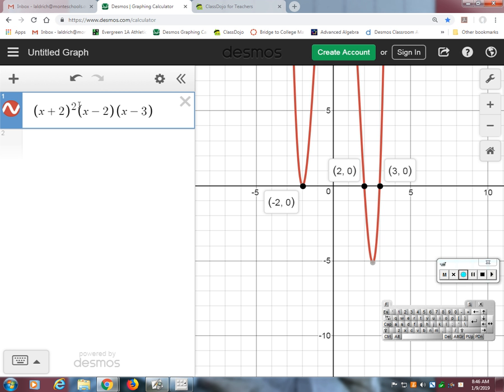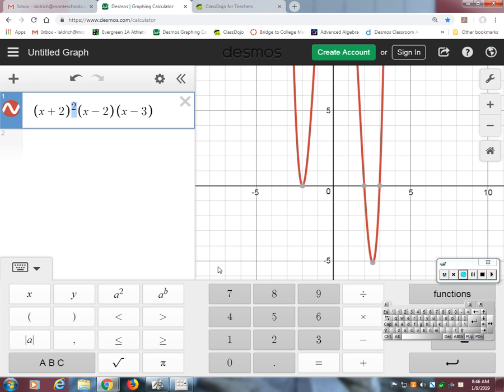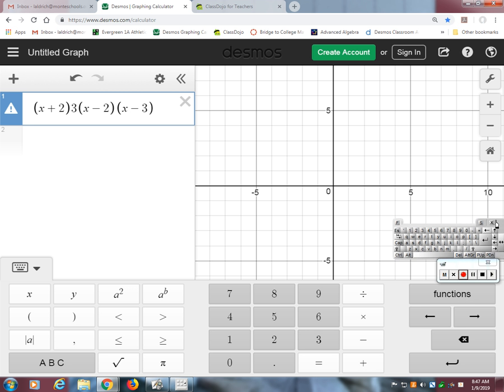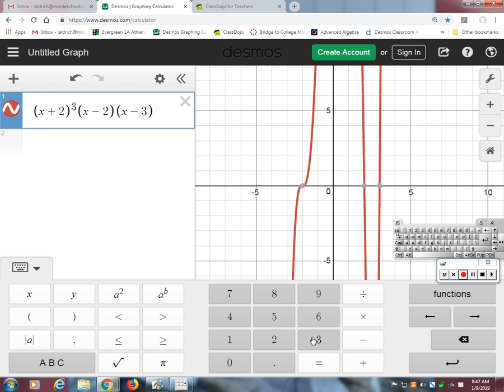So if it comes up 2 times, it behaves a little bit like a parabola. If I change this into a 3, we haven't talked about that very much in this class, what cubic functions look like. But then that starts looking like a cubic, an x cubed, and so now it goes through again, okay?